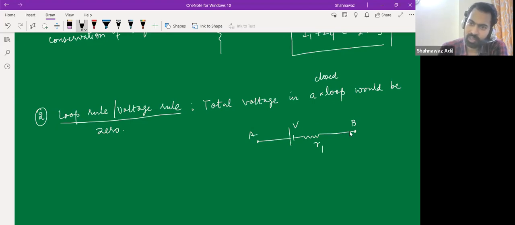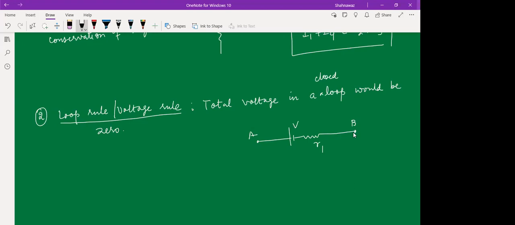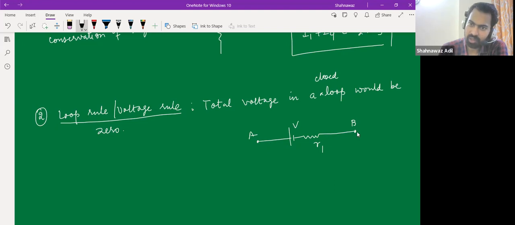From A to B, is this a closed loop? No, correct, this is not a closed loop. So if I want to calculate the voltage across this point, VA minus VB would not be 0, right?